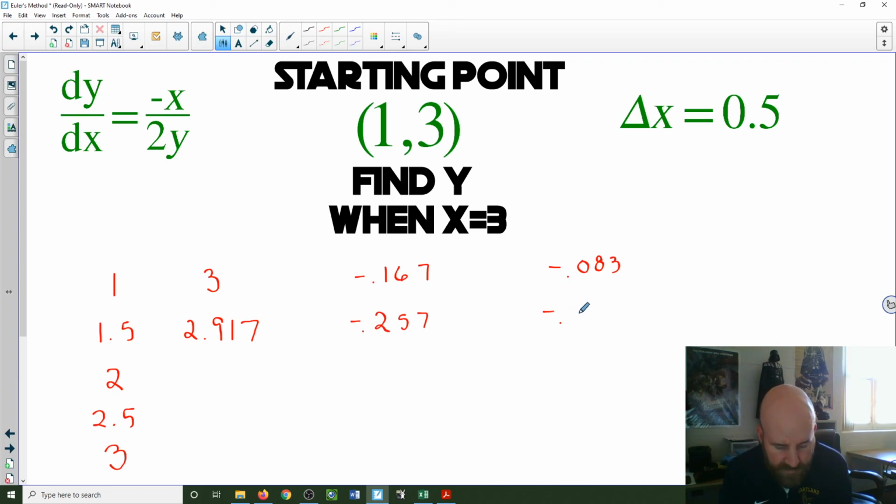We get negative 0.129. We keep going. So we're adding this on over here to this value. So we get 2.788.